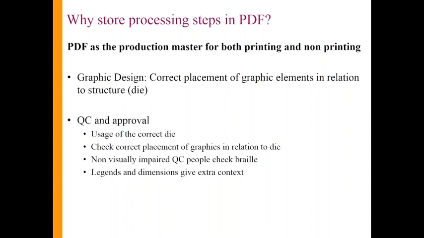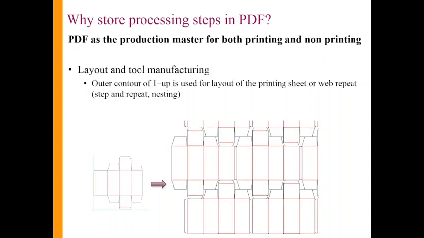Those things are, I would say, quite obvious, but there's more. The fact that the actual die contour is embedded in the PDF enables layout and tool manufacturing tools to build the layouts and step and repeats correctly.